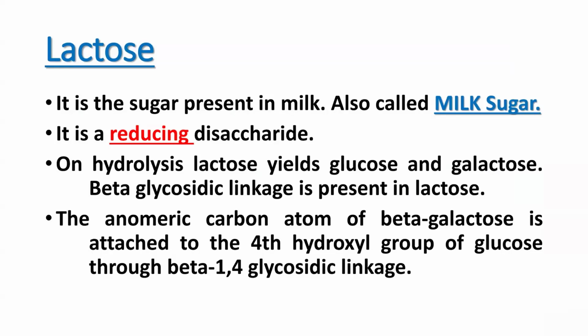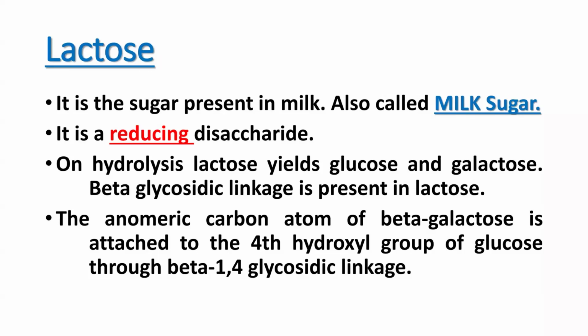On hydrolysis, lactose yields glucose and galactose, and a beta glycosidic linkage is present in lactose. The anomeric carbon of beta-galactose is attached to the 4th hydroxyl group of glucose through a beta-1,4 glycosidic linkage.